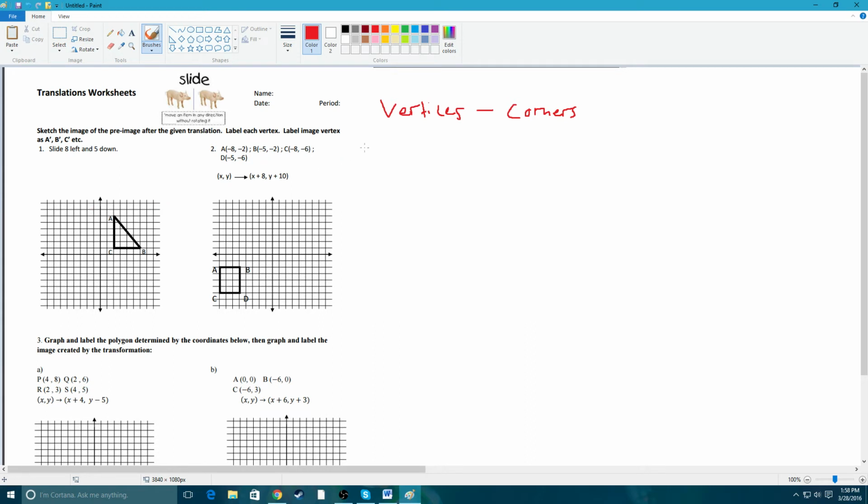Also, we have this word called the pre-image. The pre-image is basically just your original drawing or your original figure.